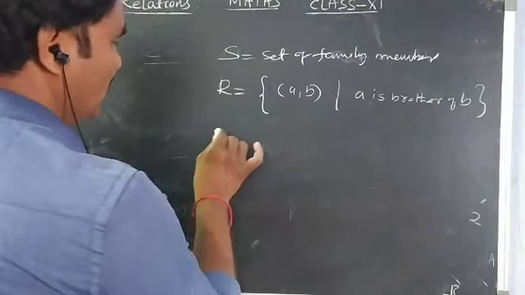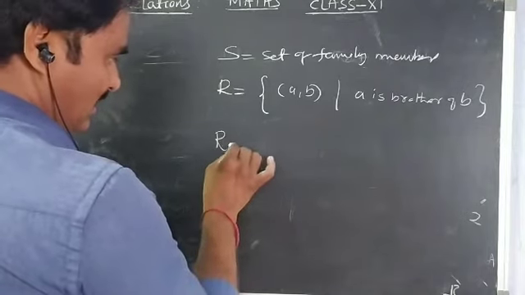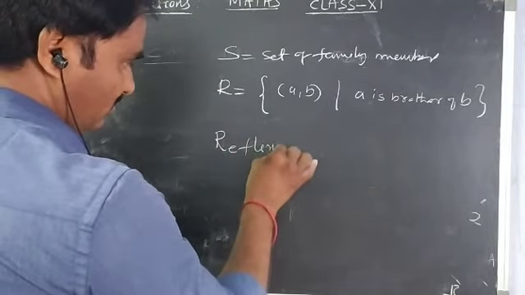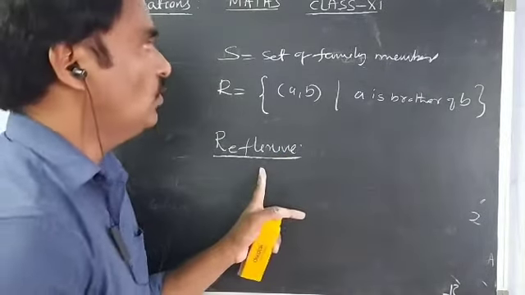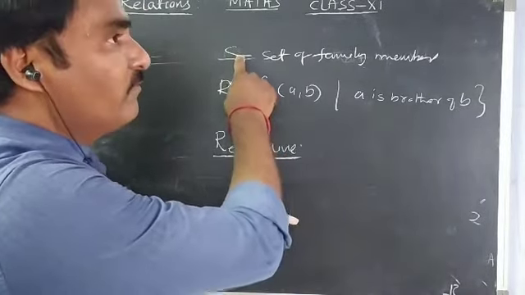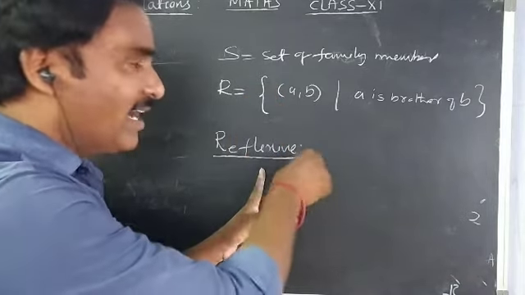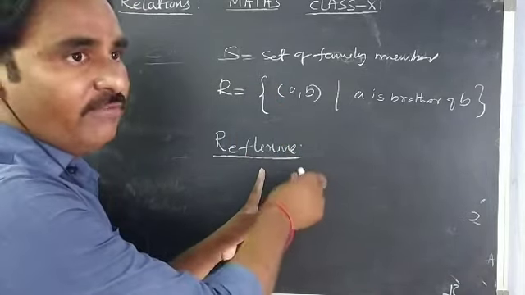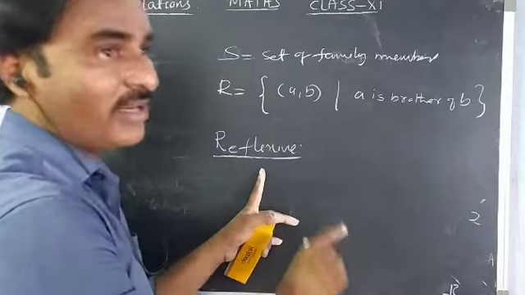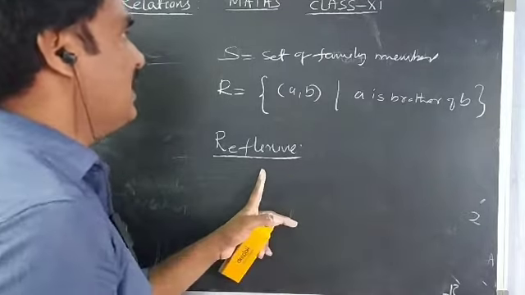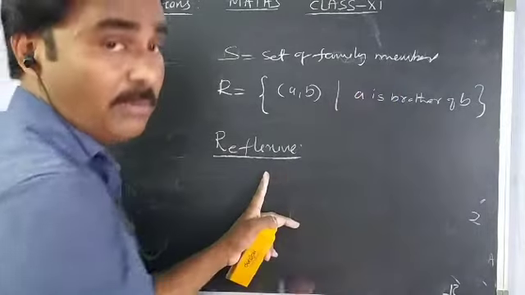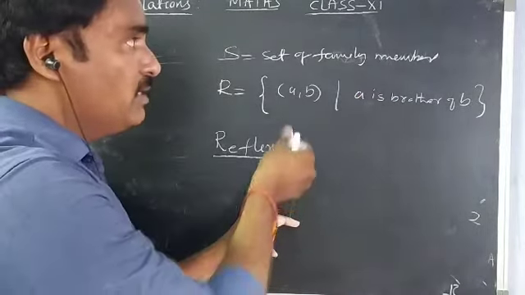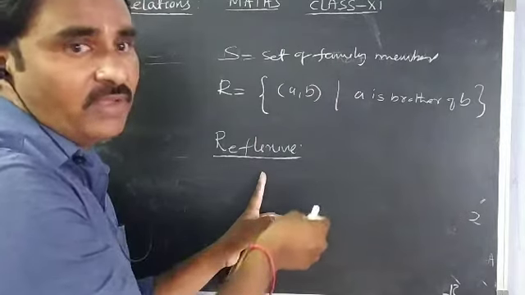Now I am going to check this relation. Is it reflexive or not? To prove reflexive, we should take one element from S and make an ordered pair with the same element, and check whether that ordered pair belongs to R or not. I am taking one element from S, which means one member from the family.